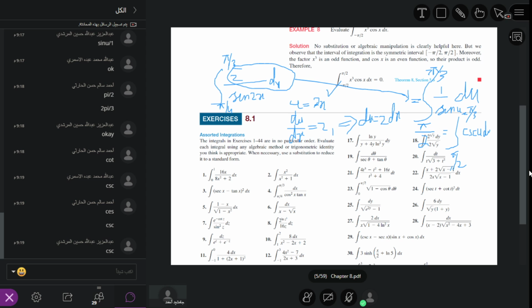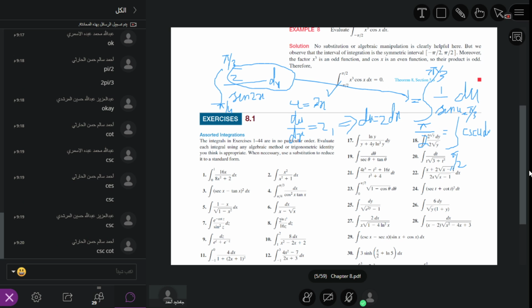The integral of cosec u is equal to minus log natural of cosec u plus cotangent u. I am writing it at the end of the page.